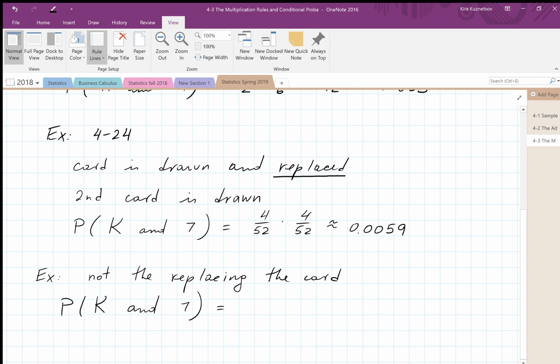So the probability of getting a king is still 4 out of 52, but still using the multiplication though, the probability of getting a 7, so the assumption is that once I picked a card, I do have that king, as in I picked it. Now, there are still 4 7s in there, so that doesn't change, but the one thing that does change is the fact that I don't have 52 cards anymore. I only have 51. So now the probability has to be a conditional probability.